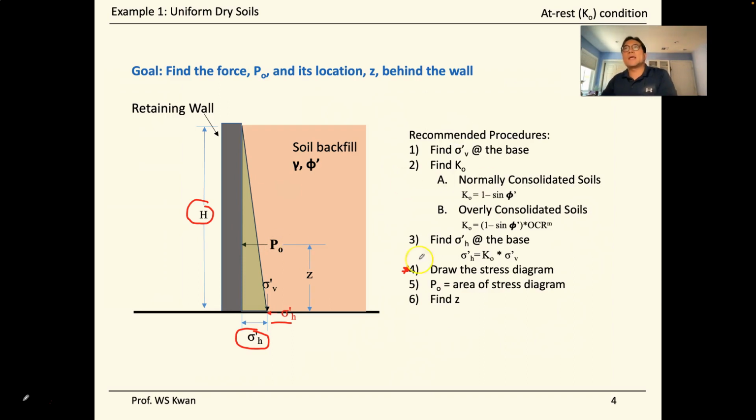So this gives you a basic idea on how to find the resulting force and also the locations of it from one simple dry sand profile, given that it is at rest conditions. So again, we're looking at the dry sand and also at rest conditions.